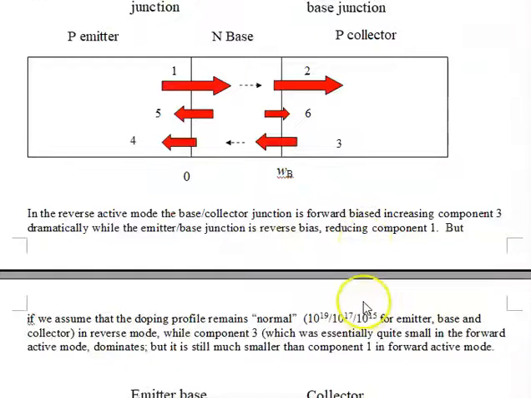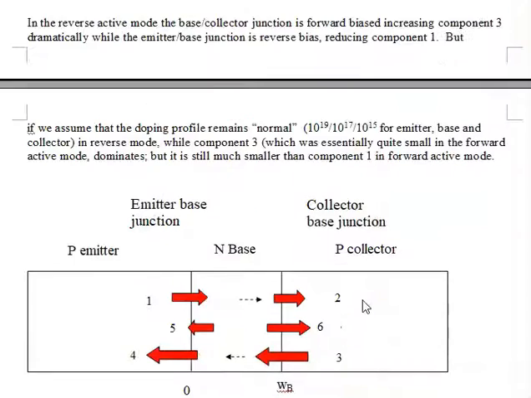However, if we bias the base collector junction in the forward mode, plus, minus, we can now have a large component number 3, and notice that number 1, which is reverse bias, becomes quite small.